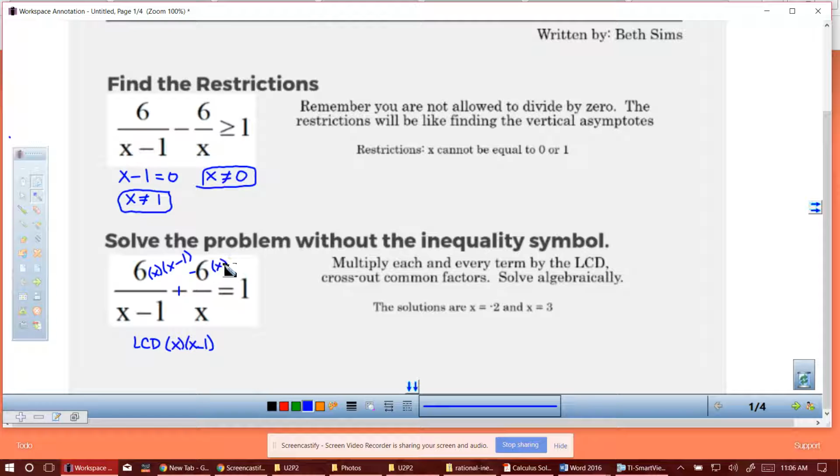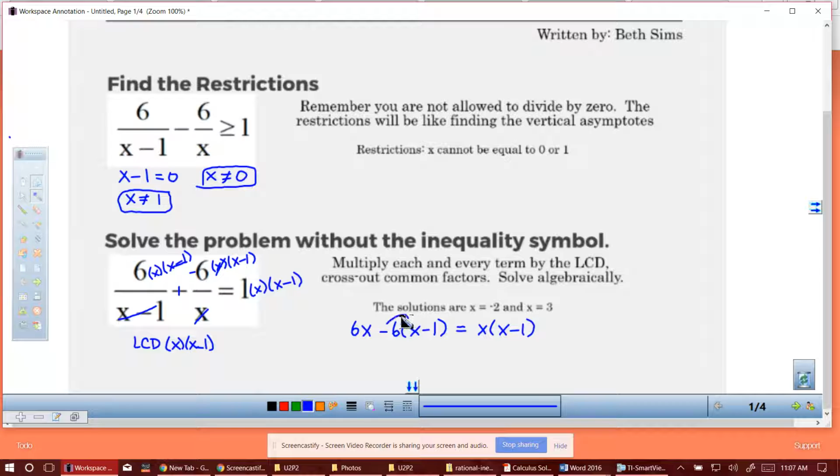So multiply by x times x minus 1, and even the constant, x times x minus 1. Like before, we'll cross out x minus 1, so I'll have 6x. The x's cancel, so I have negative 6 times x minus 1. And over here, I just have x times x minus 1.